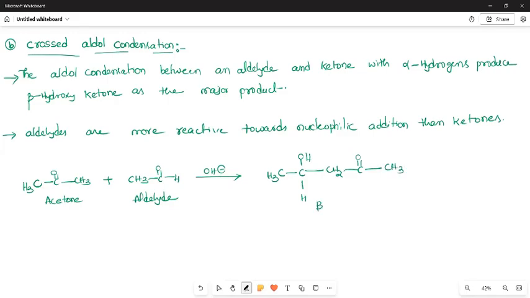This is beta hydroxy ketone produced by the combination of aldehyde and ketone. This is what crossed aldol condensation is.